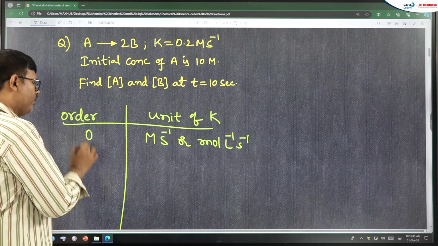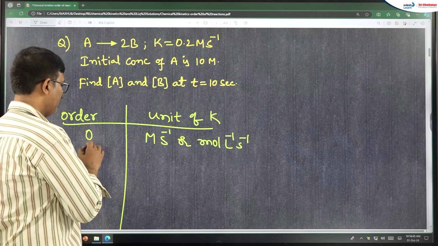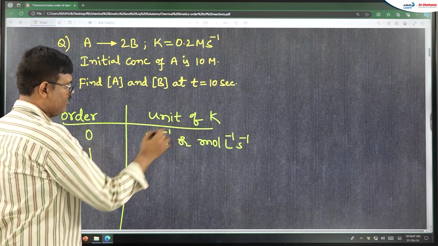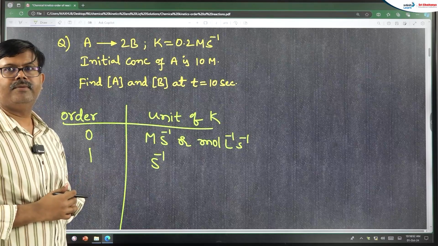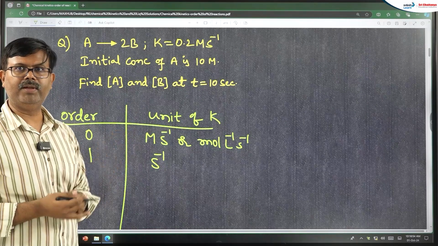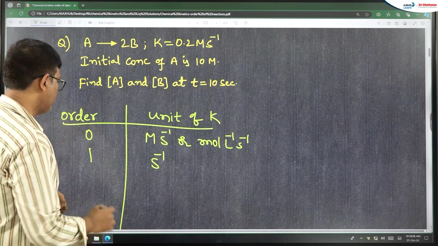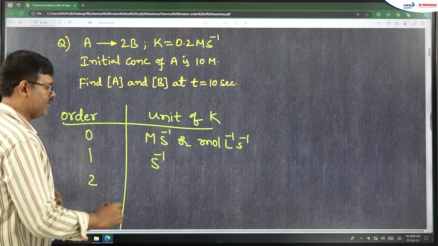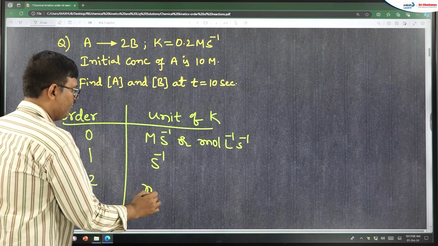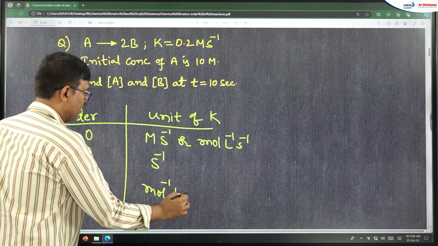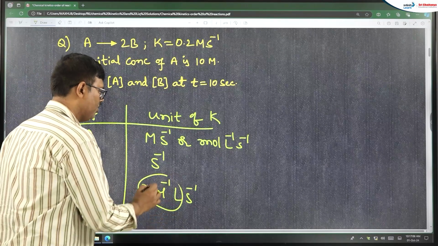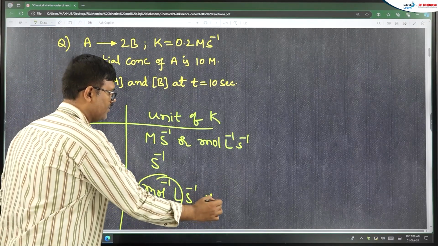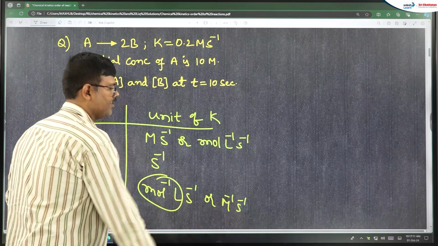If order is 1, the first order reactions, the unit of rate constant is simply second inverse. There is no molarity term here. If it is a second order reaction, then mole inverse liter second inverse, which you can write as molarity inverse second inverse.